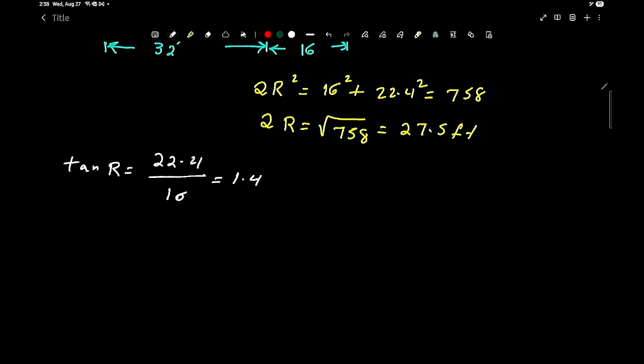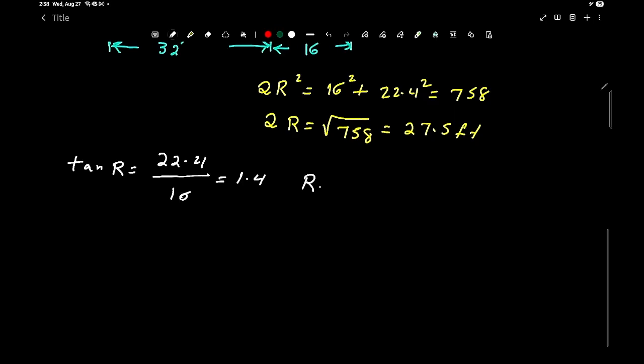Now I have that, I can say R is equal to tangent inverse of 1.4, which you can plug in a calculator. So our R comes out to be 54.5 degrees.